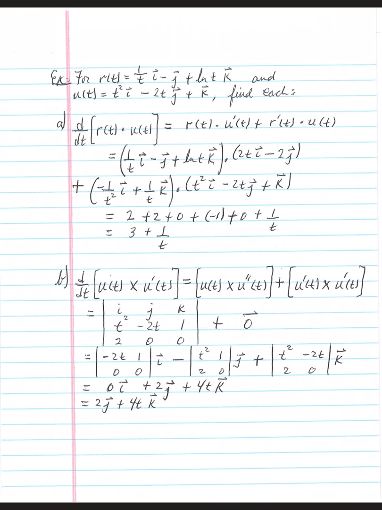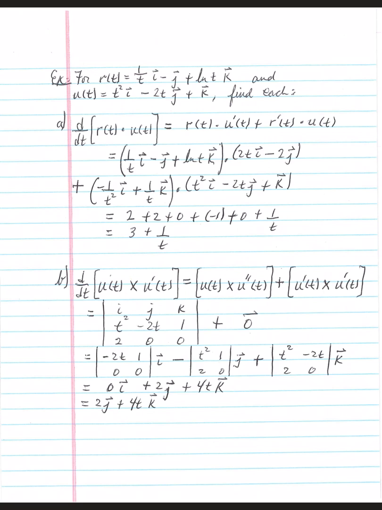Carrying out the cofactor expansion for i, remember to ignore that column and row. Determinant of these four, which is 0 times i, minus, and then for j you cross out that row and column. It'll be the determinant of these four.